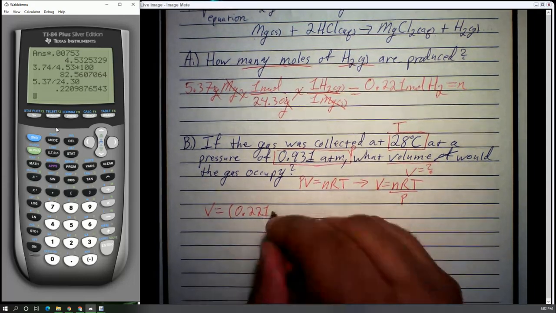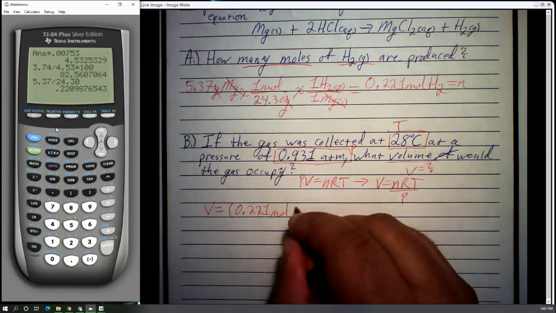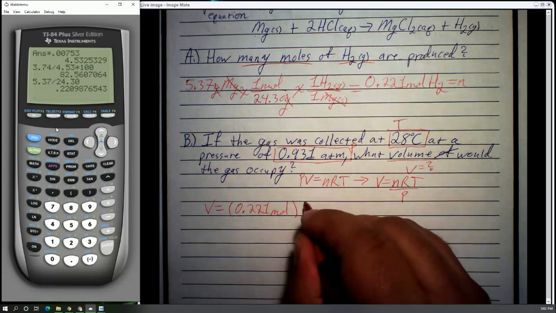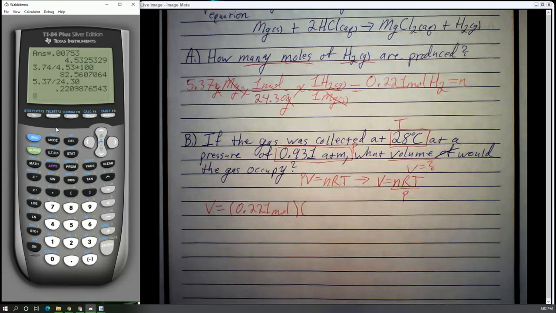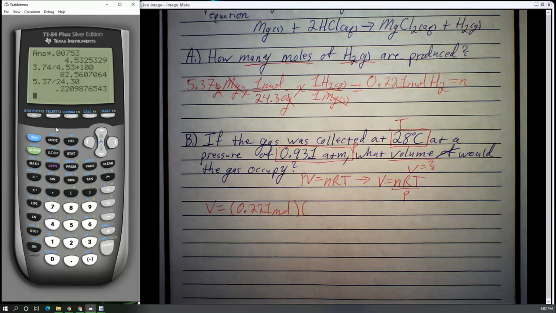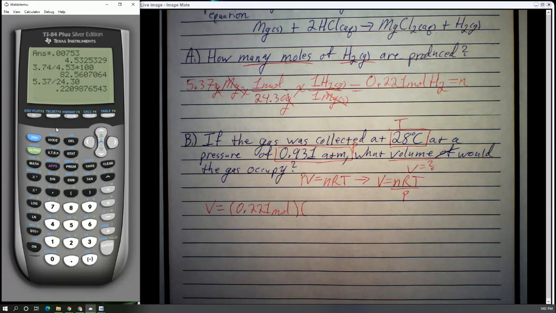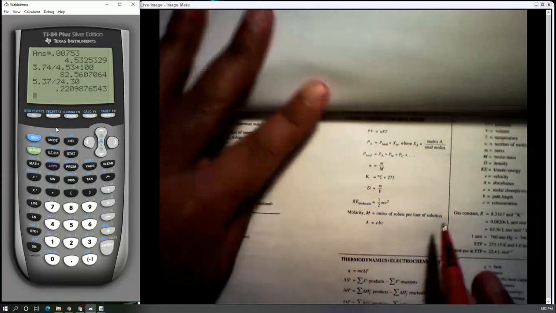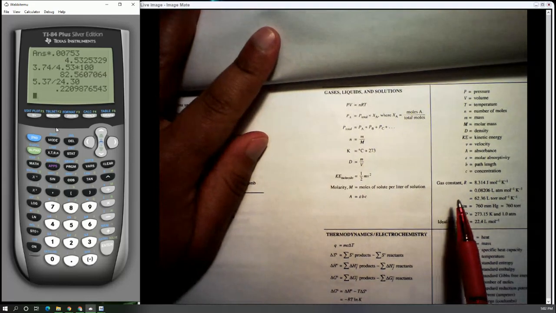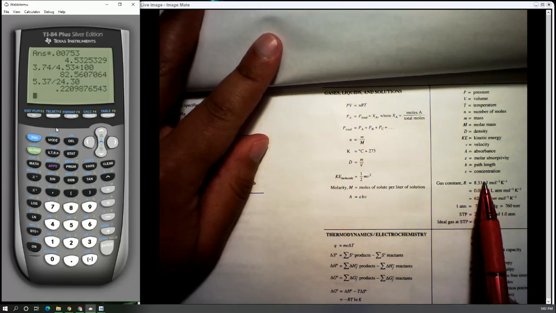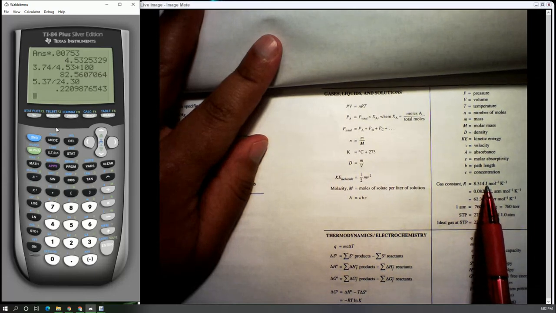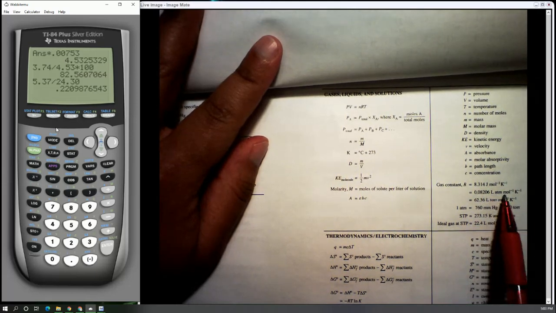So our volume will be equal to 0.221 times our gas law constant. So we check our formula sheet. Where is it? Here we go. So we have to find the R value for the pressure unit we have. Joules is energy. Here we go. Atmosphere.